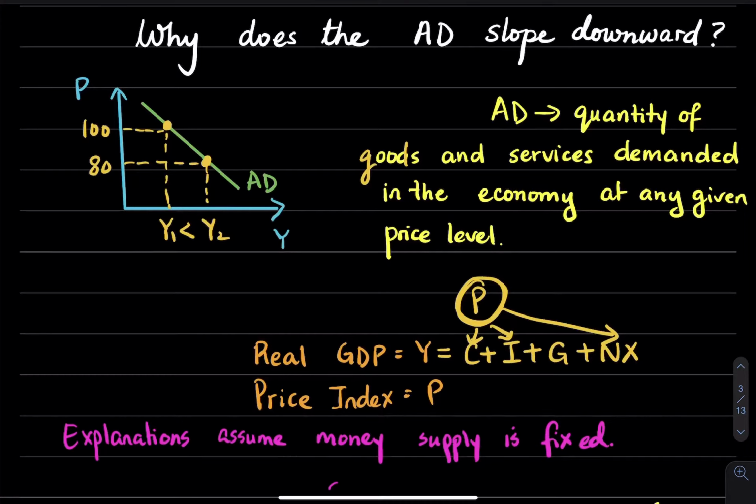But when we think about the relationship between price and consumption, price and investment, and price and net exports, we will be assuming that the money supply in the economy is fixed. Money supply is not changing when we think about the aggregate demand sloping downwards.